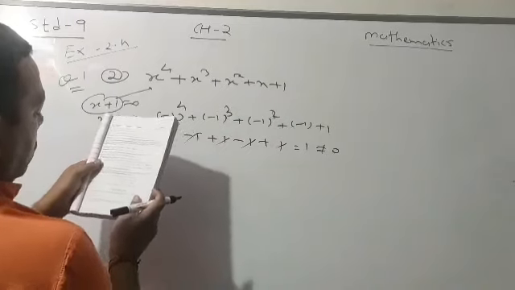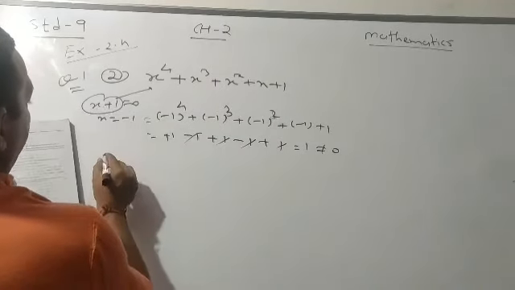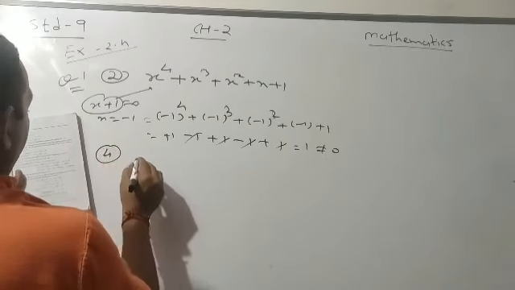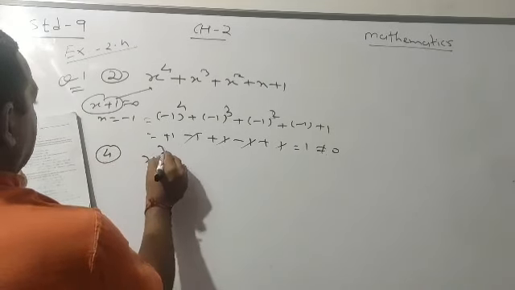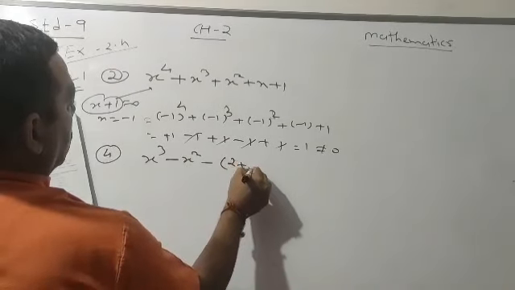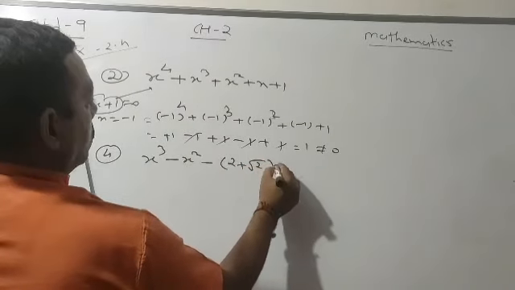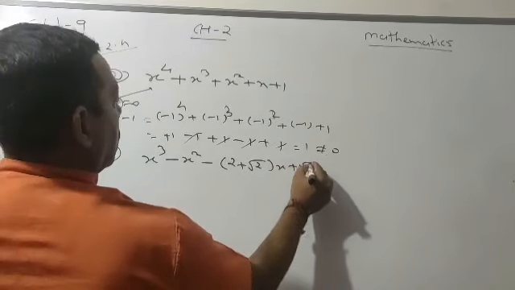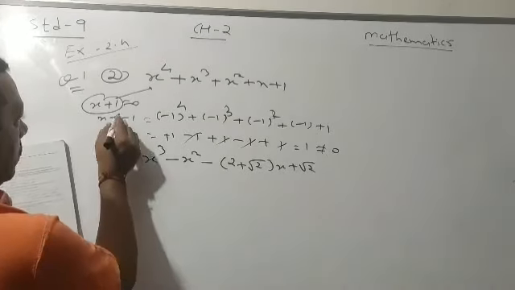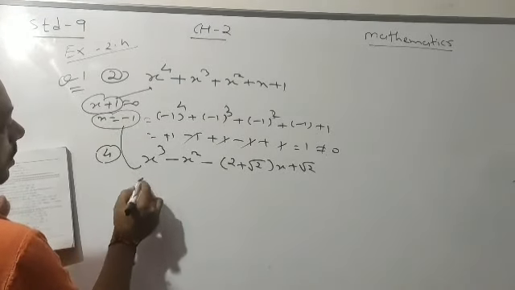This way you have to solve sub question number 3. Now we'll go with sub question number 4. See, sub question number 4 is x cube minus x square minus bracket 2 plus root 2 x plus root 2. Clear? Now we'll substitute the same thing, x equal to minus 1.